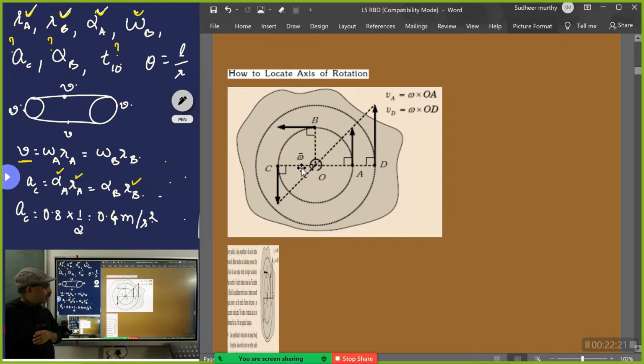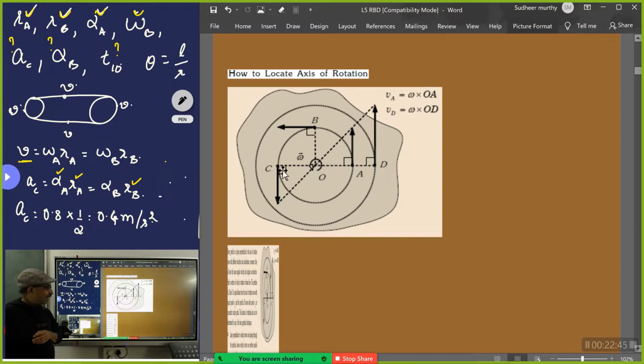Now please appreciate, omega is common. That is, D rotates with omega with respect to A. D rotates with omega with respect to C. That's what I'm telling.